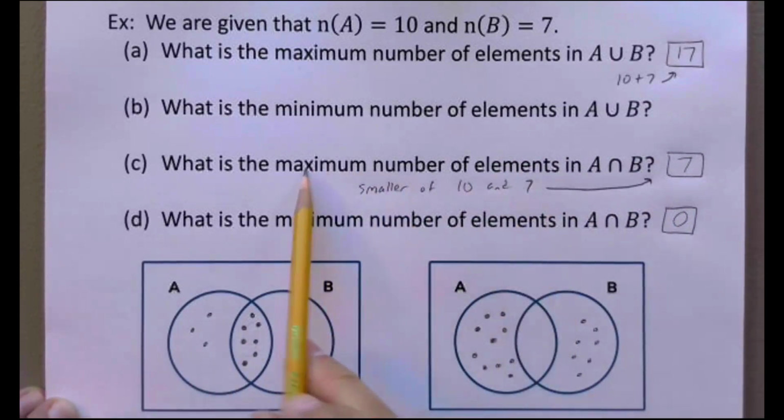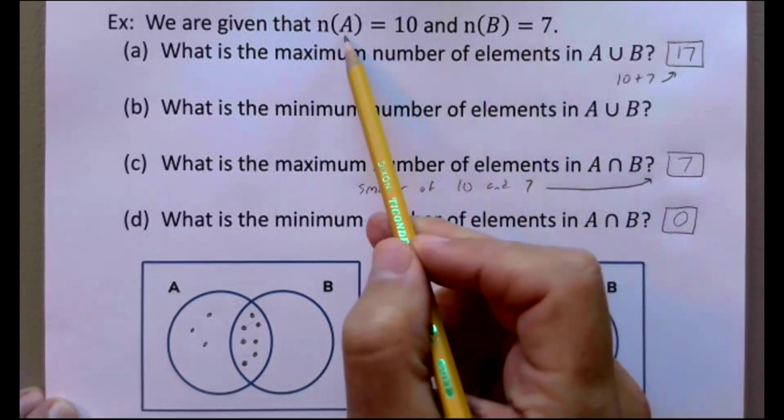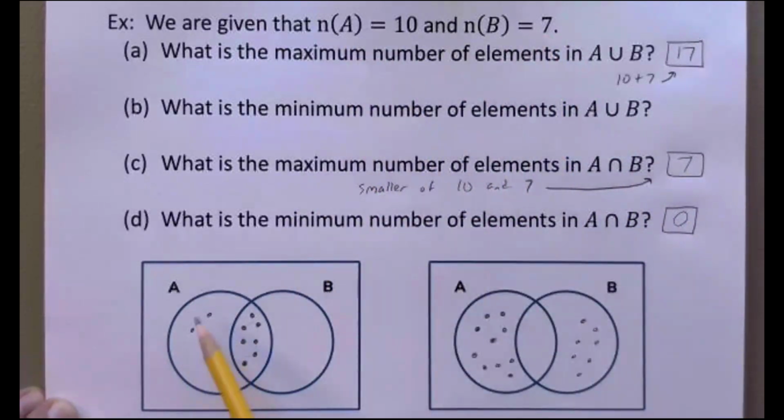This picture maximizes the intersection. It puts as many people as possible in the middle part. It puts 7 of them. It just means those 7 that are in set B, all of them also happen to be in set A. And then there's 3 other people that make up the rest of the 10.